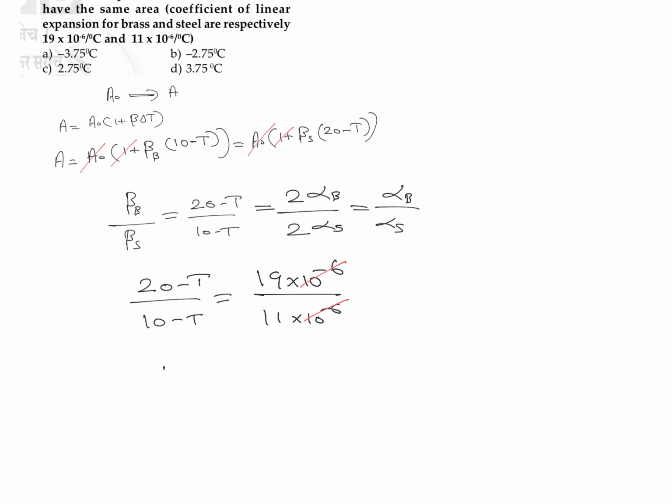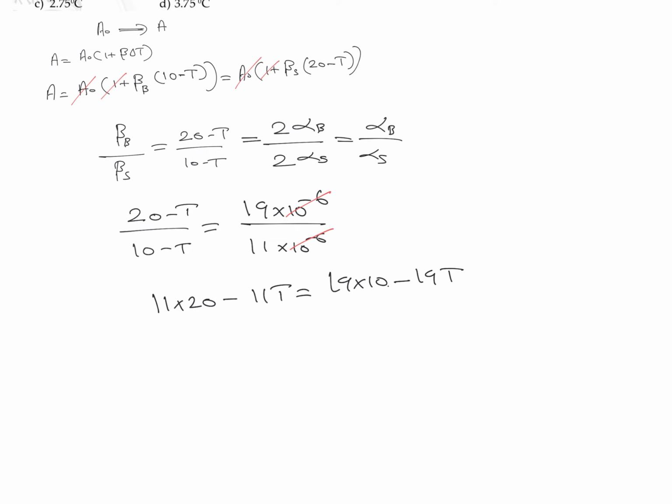So the equation is 11 into 20 minus 11T equal to 19 into 10 minus 19T. We write the terms related to T together: 11 into 20 minus 19 into 10 is equal to minus 8T, which is minus 19 plus 11.